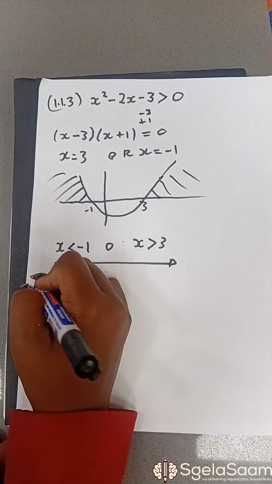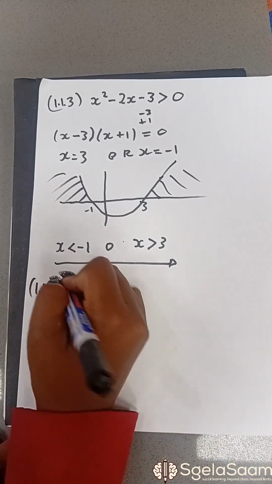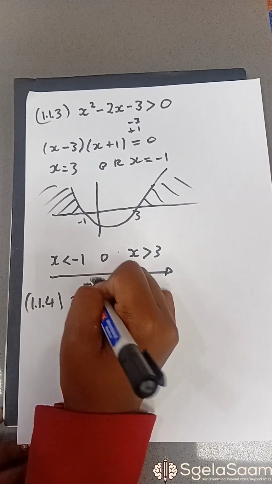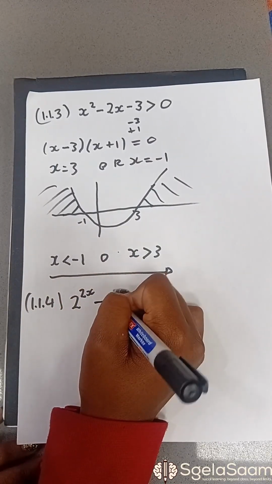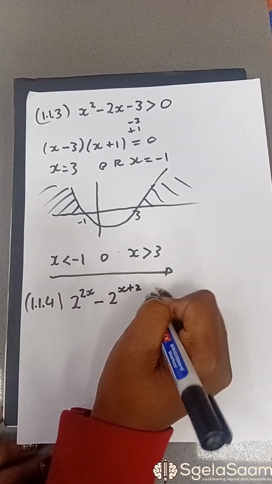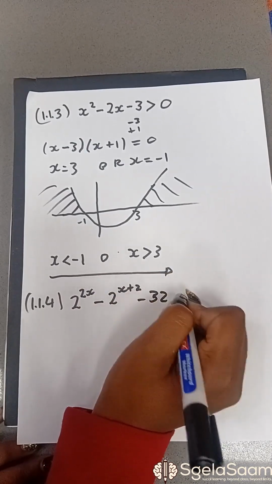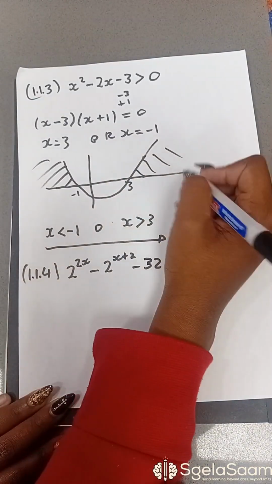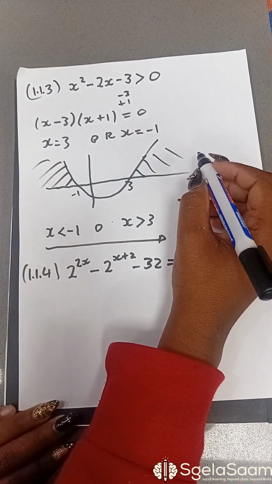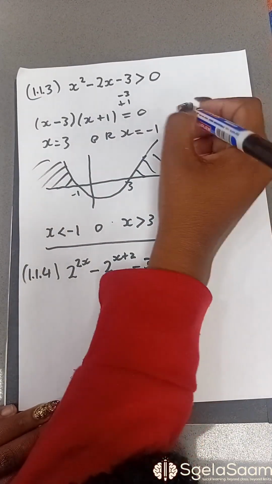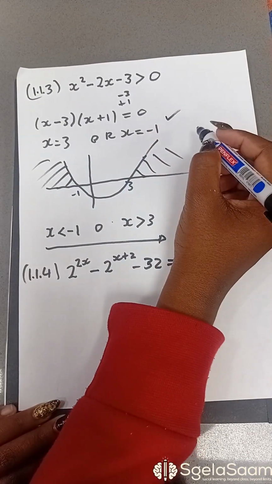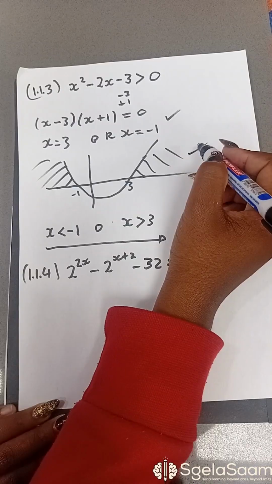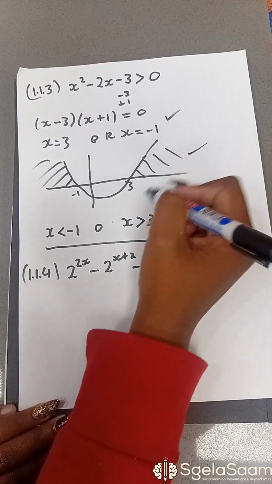Now we're moving on to 1.1.4, which is 2x minus 2x plus 2 minus 32, which is equal to 0. That is worth 5 marks. Sorry, but the previous one was worth 4 marks: there was a mark for those critical values, this one was also a mark, and then this one was a mark.